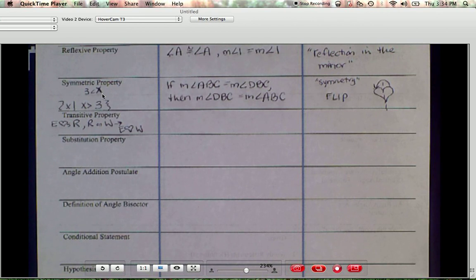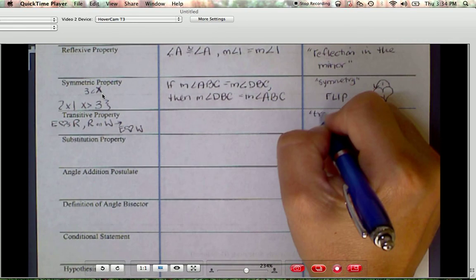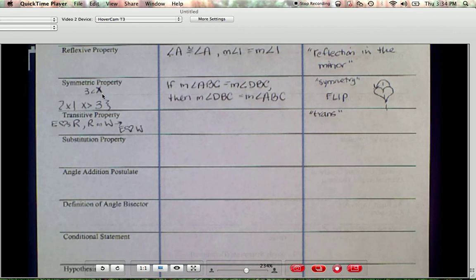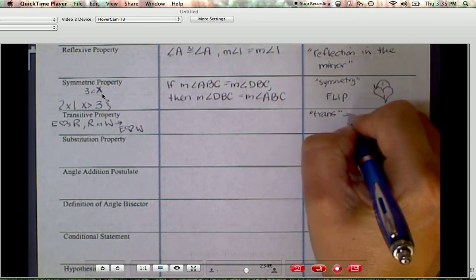Okay, what the transitive property does. Now, what you want to think about is what trans means. There are a lot of words that trans is a part of. Transcontinental Railroad, transmitter, some others, transition, okay? Trans means across.